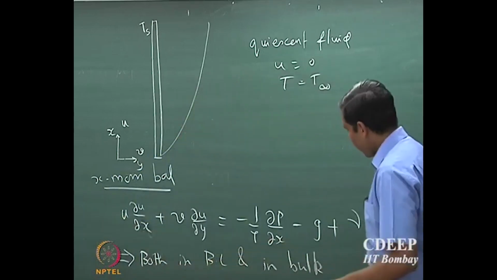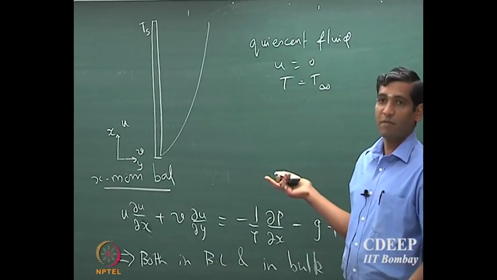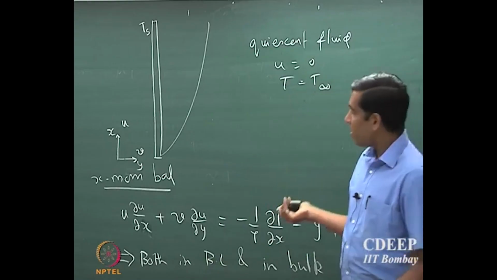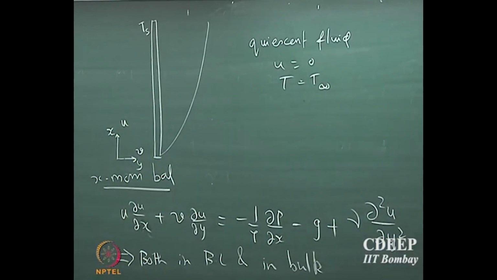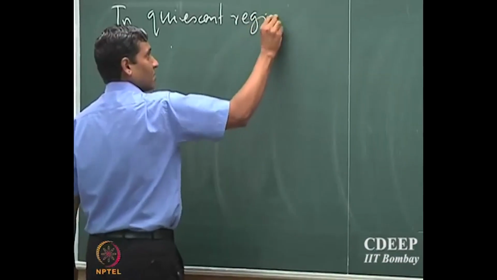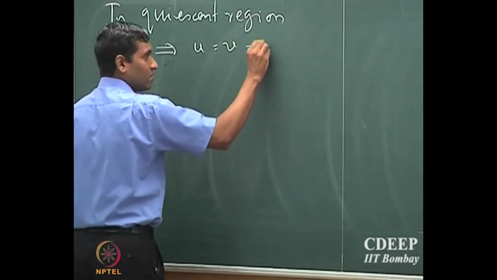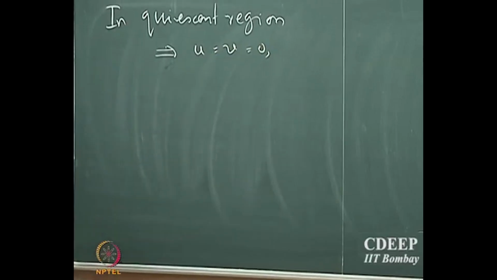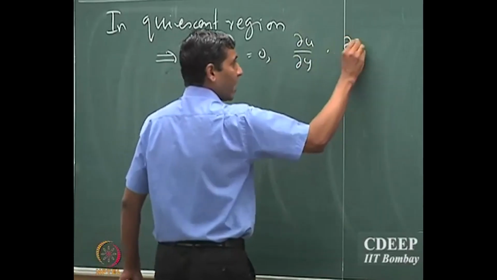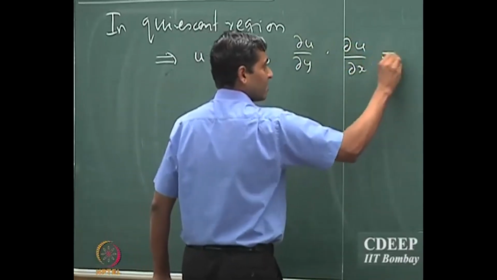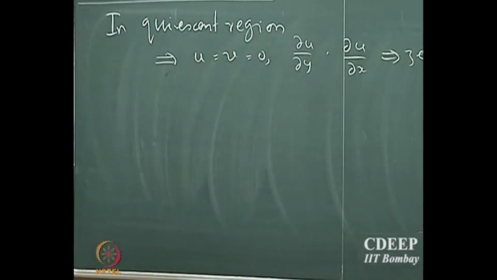Okay. So now if I look at the equation in the bulk, we know that U and V are 0, the velocities are 0, and not just that, all the gradients are 0 in the bulk stream. In the quiescent region, U and V are 0 because the fluid is not moving, and also du by dy, du by dx, they are also 0. All the gradients are negligible in the quiescent region.